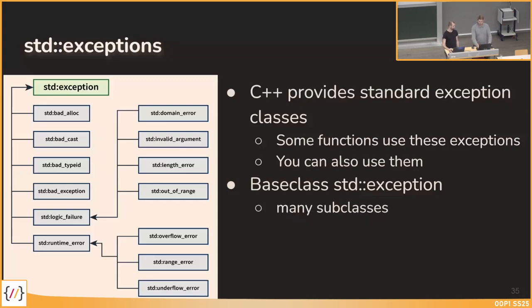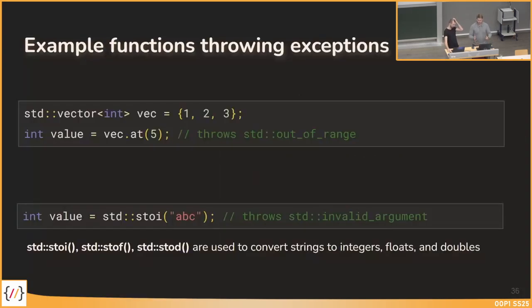Maybe we can have a look at a few of them. For instance, when we use a vector, in this case of type int, and we want to access the 5th element, at position 5, but we only have 3 elements, this does not work. In C, we would have a beautiful segmentation fault. But C++ is a bit more helpful. It throws an std::out_of_range exception.